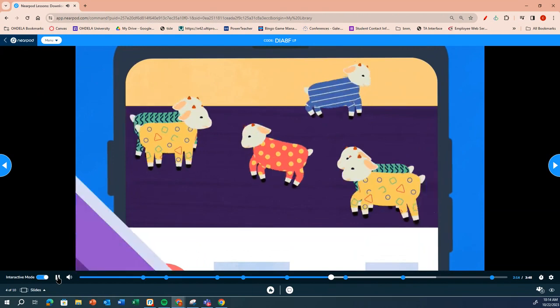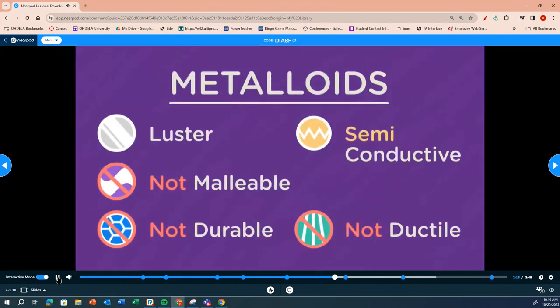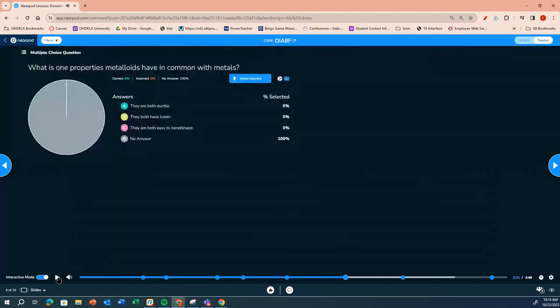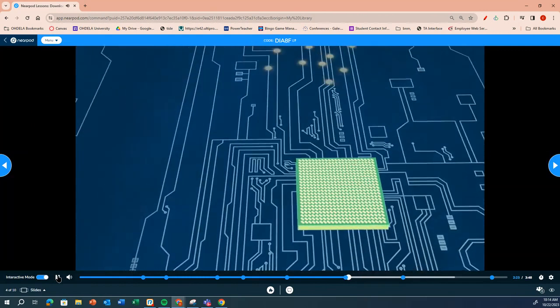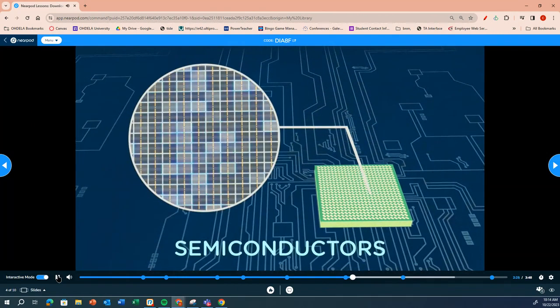Like metals, metalloids have luster. But unlike metals, they're not malleable or ductile, so they break apart easily. All right, the one property metalloids have in common with metals is that they have luster. Metalloids are a crucial component of your processor because they're semiconductors, meaning they conduct electricity, but not quite as well as metals.